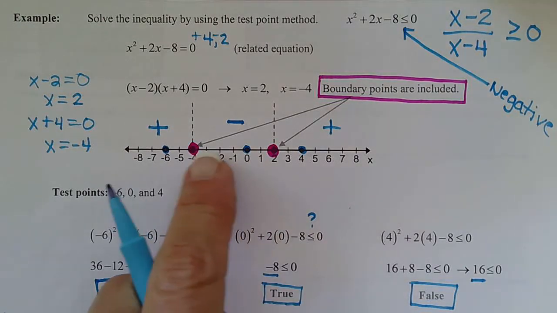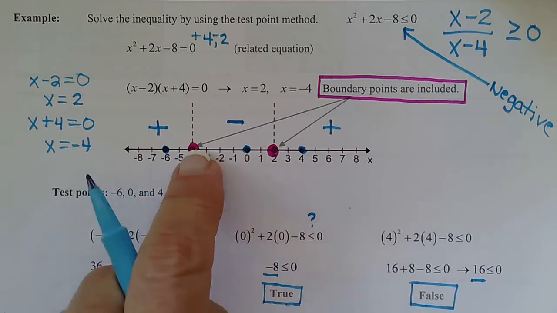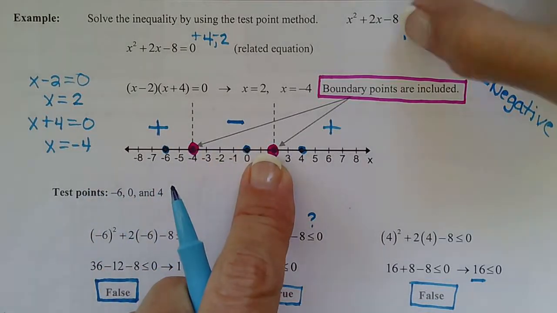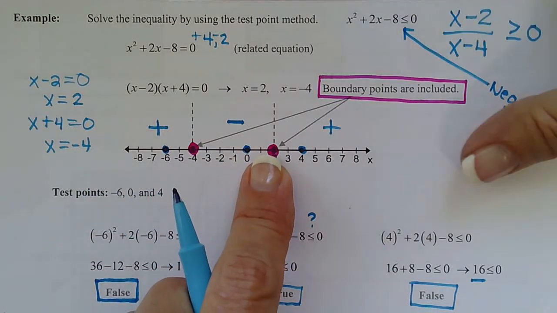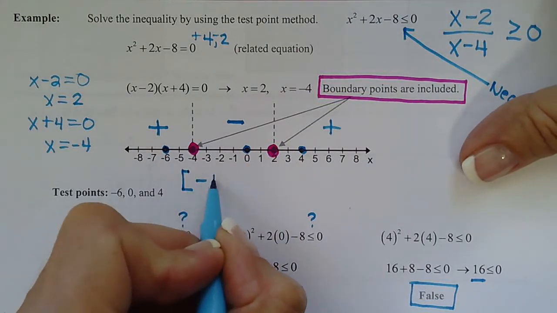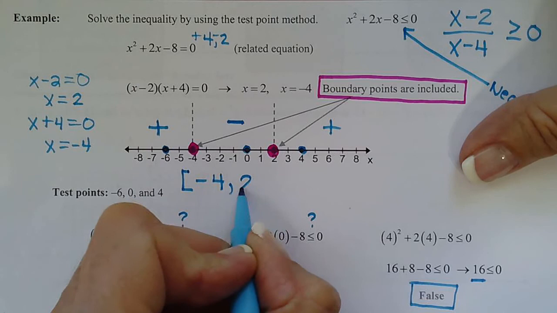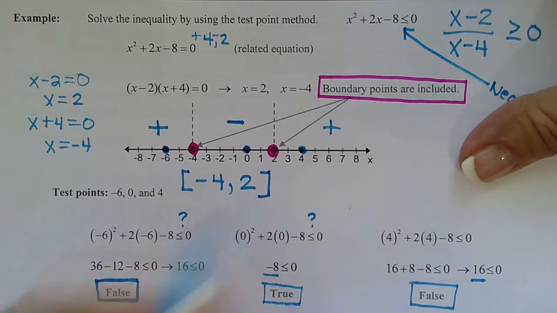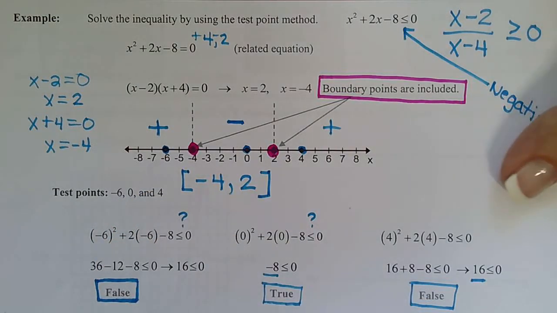So on this one, the negative is only from here to here. This time we do have an equal sign, so we're going to use brackets. So we do bracket -4, comma 2, bracket. So that's what the solution set looks like.